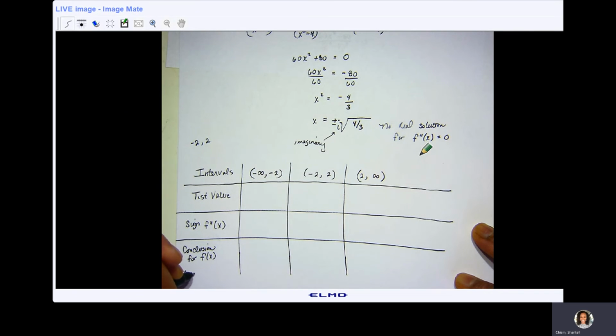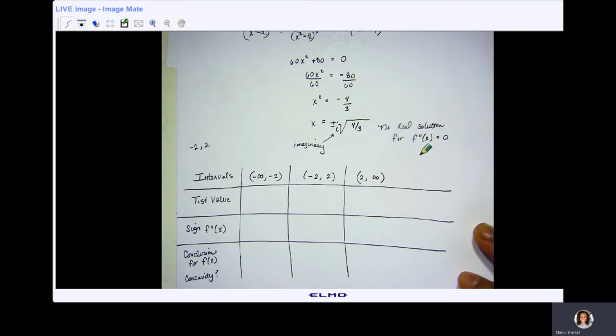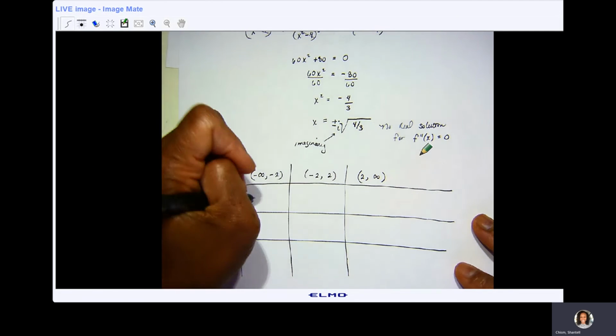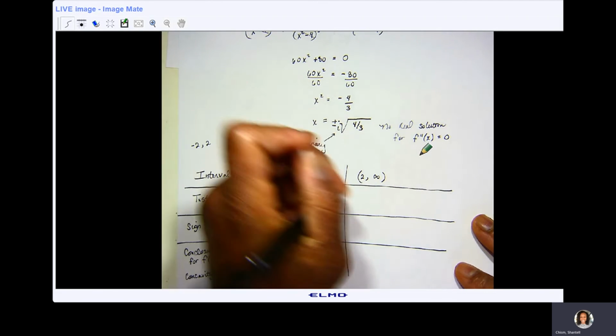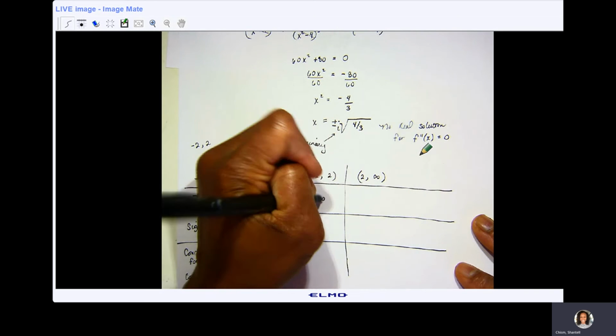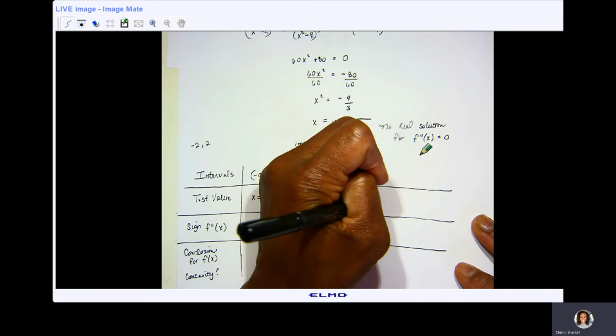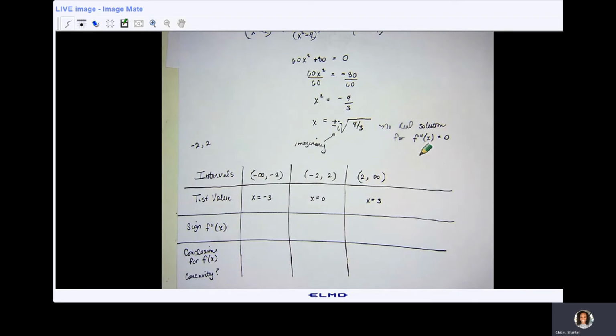And that is where we discuss concavity, up or down. Okay? All right, so for test values, let's use -3, let's use 0, and let's use +3. As long as you have a value that lies within each interval, it doesn't matter really what you use, but I try to keep it simple, so I'm using these values.